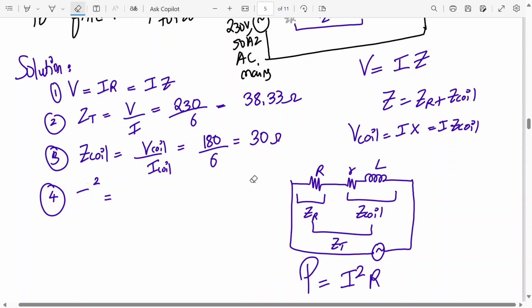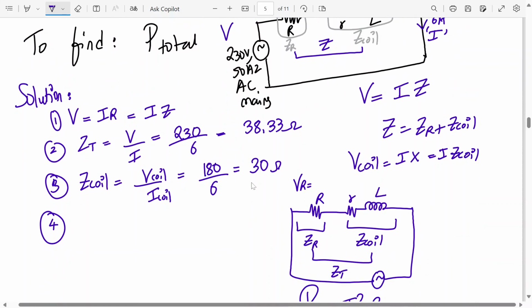How will you find capital R? No no, we have a voltage also, VR. So VR will be I into R.